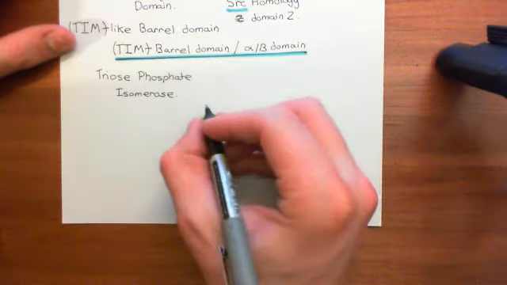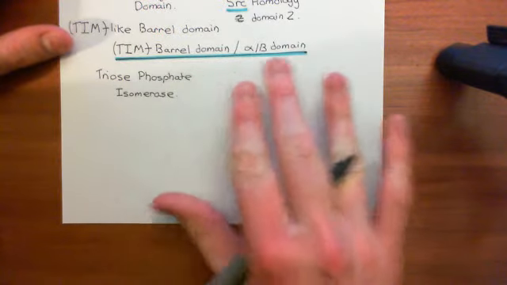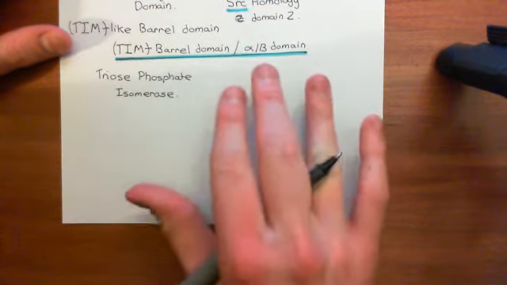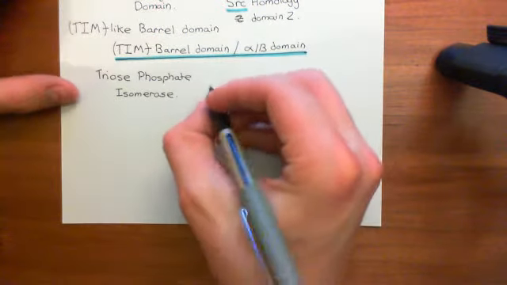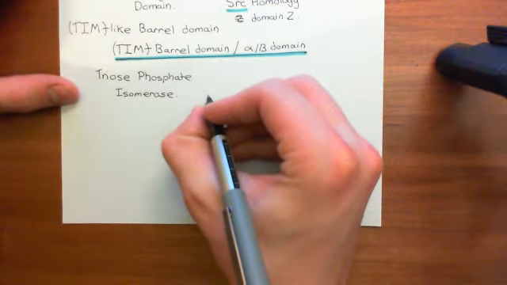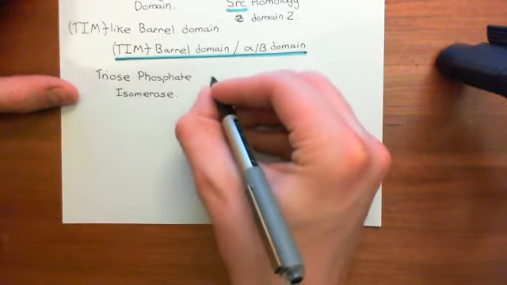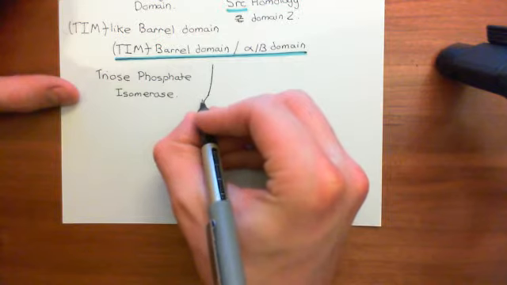So let's start with the unfolded structure. I'll start by showing you the polypeptide structure on the page and then we'll fold it up into the barrel. What you have is usually around 8 alternating beta strands and alpha helices. This is the amino side of the polypeptide.